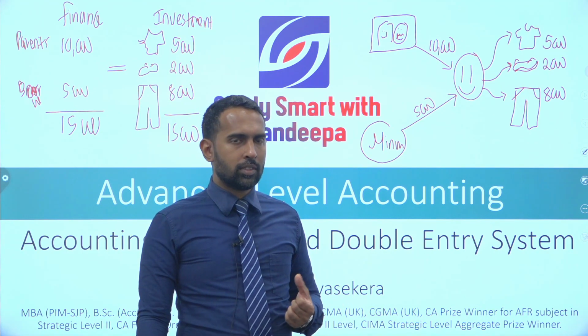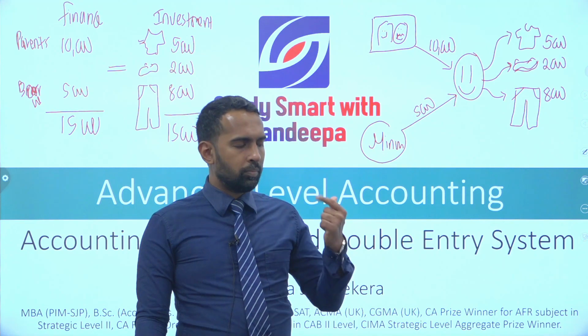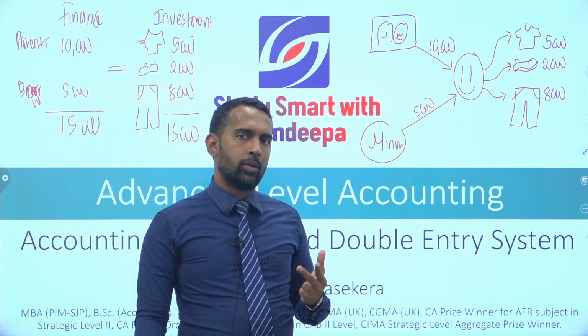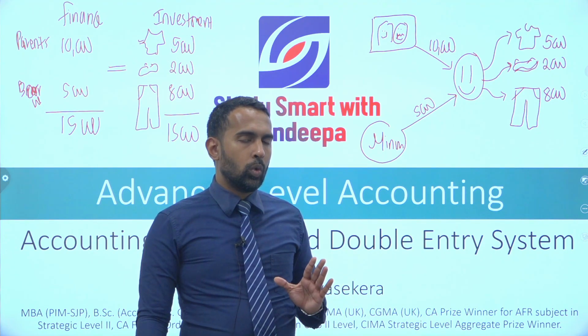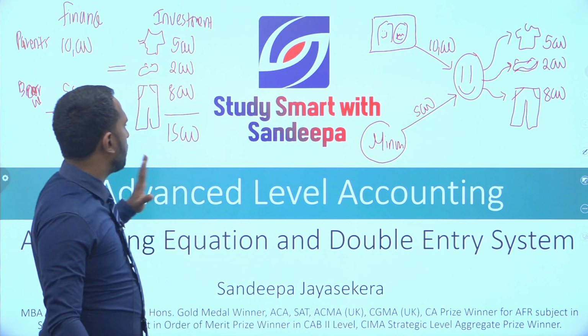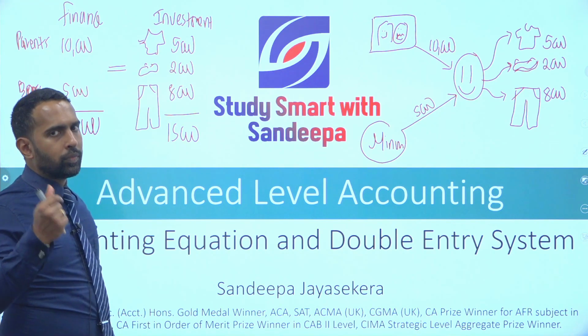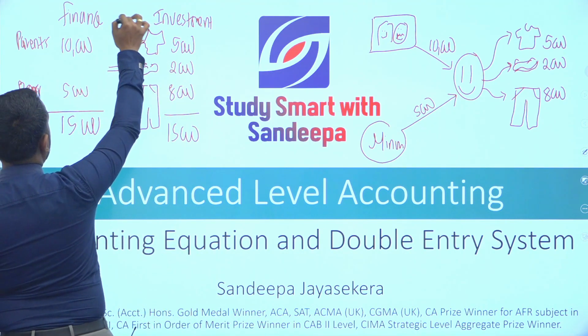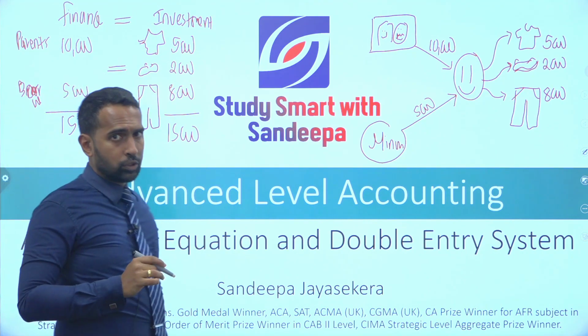What are those 3 items? A t-shirt 5,000, a pair of shoes 2,000, and a pair of trousers 8,000. Total together, 15,000. At a given point of time, you can see total financing is equivalent to total investment.